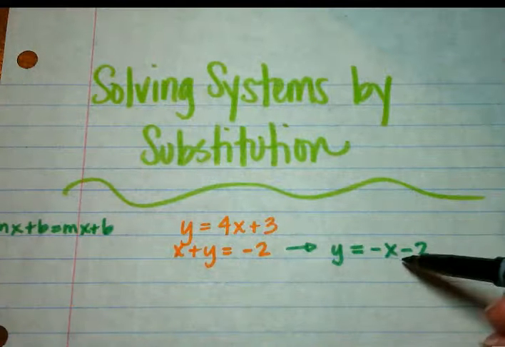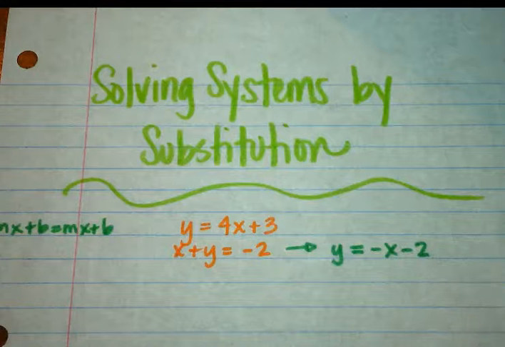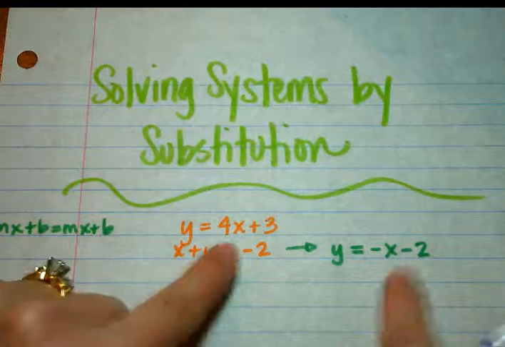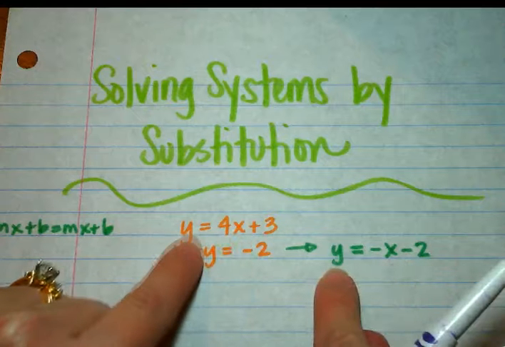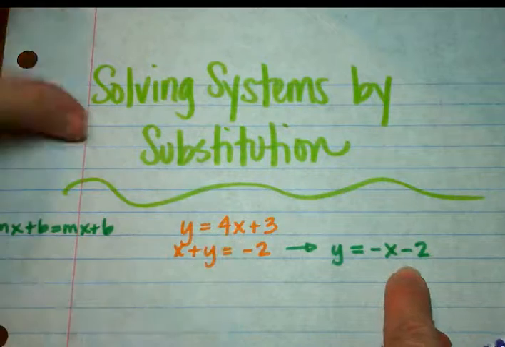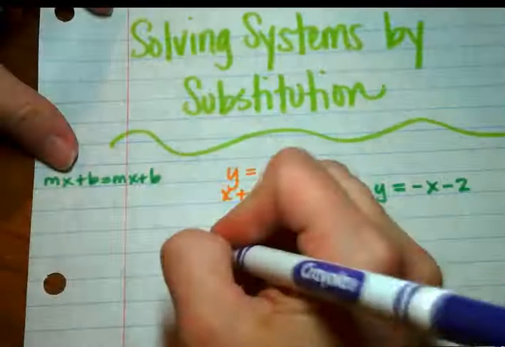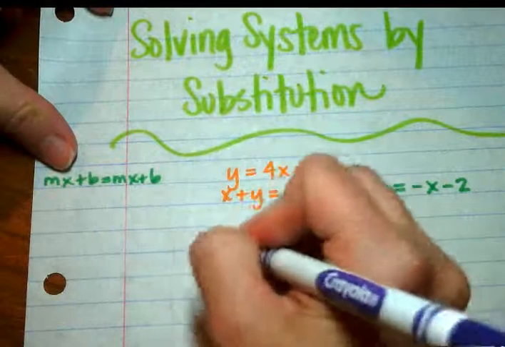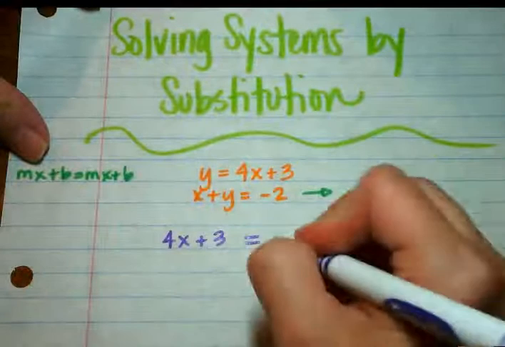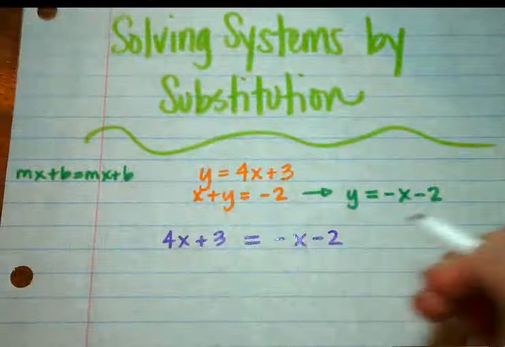Now I'm going to take the two equations. Since they both equal y, I know that they equal each other. So I'm going to set up 4x plus 3 equal to negative x minus 2.